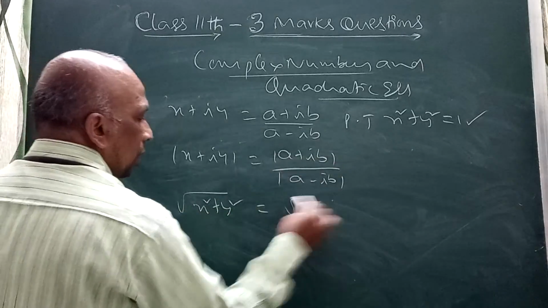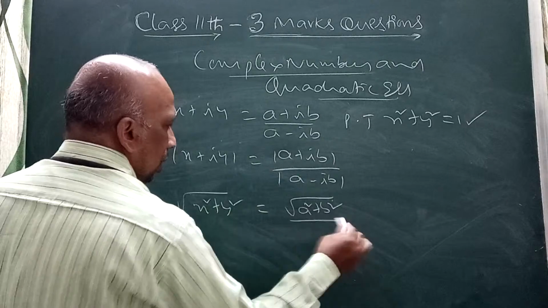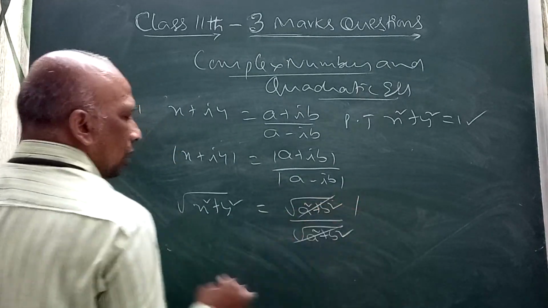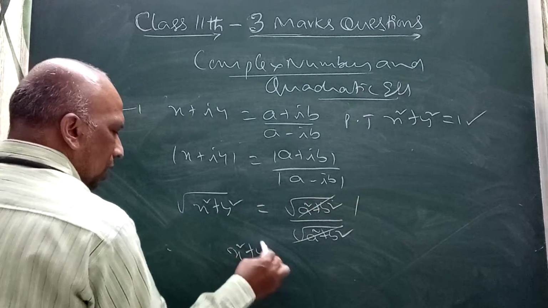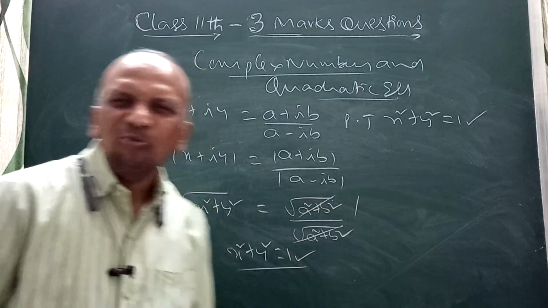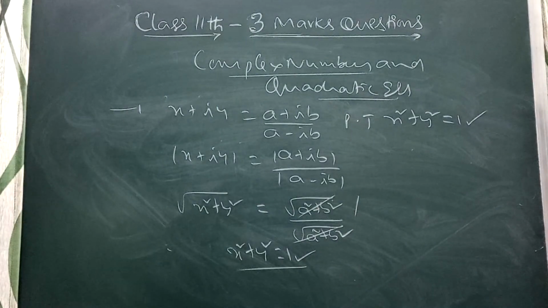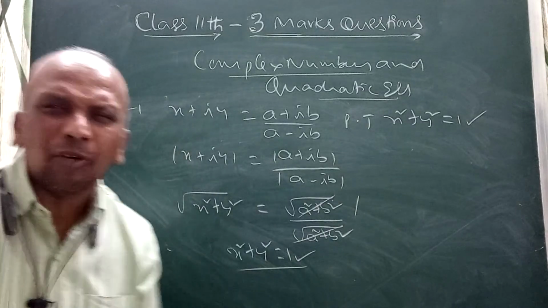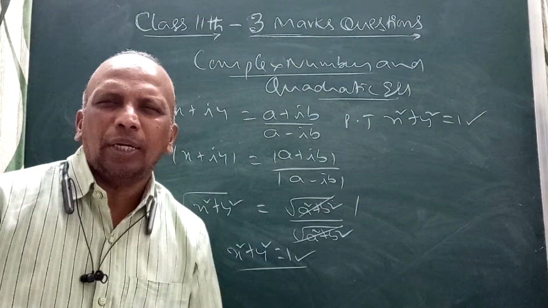Mod of a plus ib is root of a square plus b square, and the same for a minus ib, so this gets cancelled to 1. Squaring on both sides, x square plus y square is equal to 1. That's it, simple problem, but chances are there for 3 marks. No need to find a simplification; this is the easy method to solve it.